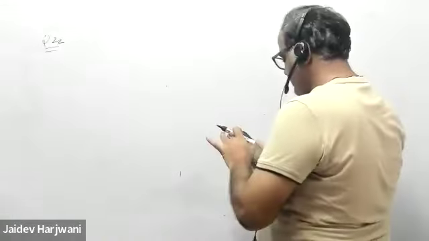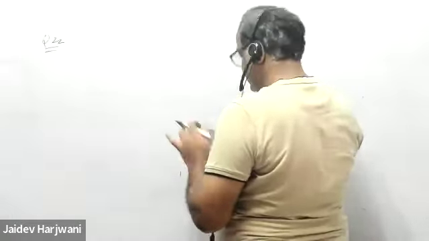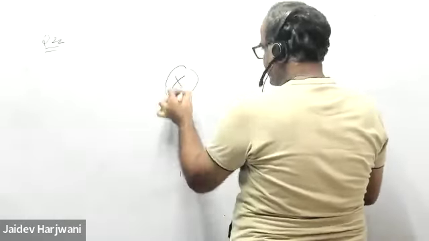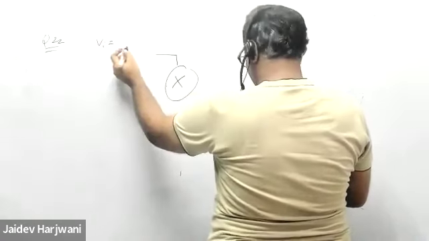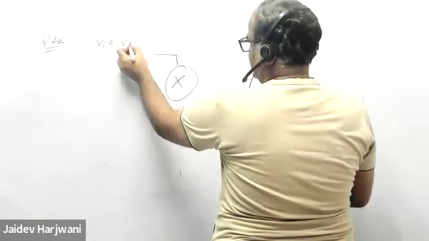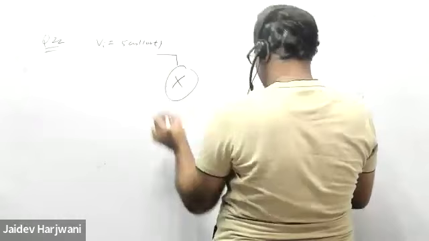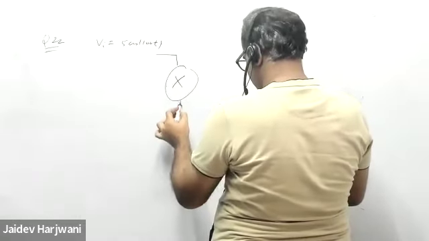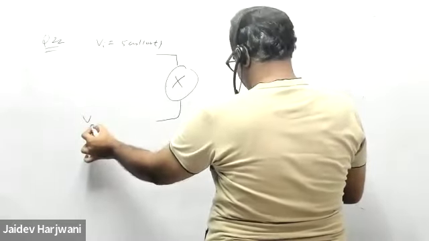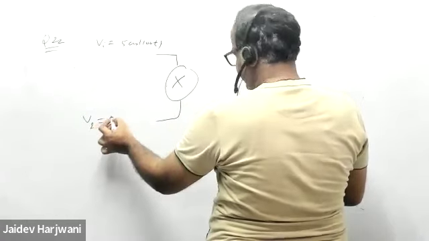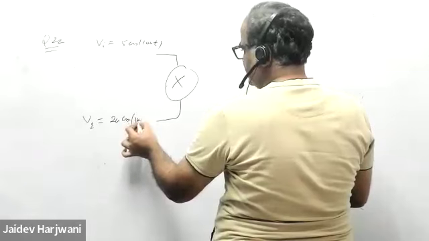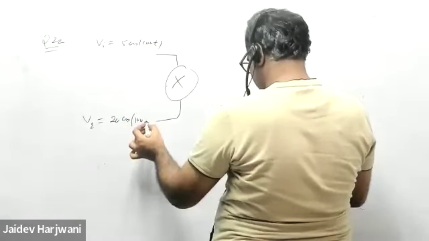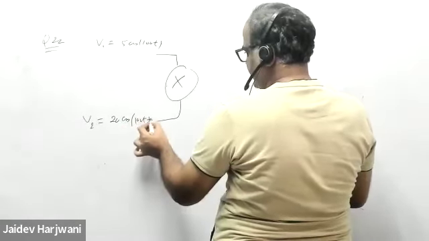Question 22. Again a multiplier or mixer. You have a multiplier. Your incoming V input is equal to 5 cos 100t. And here V reference, V2, has a different magnitude and different phase, 100t plus pi by 3.